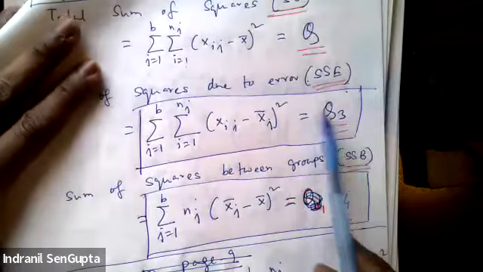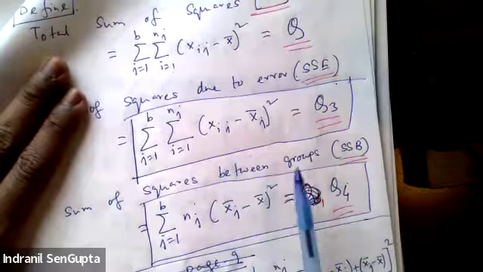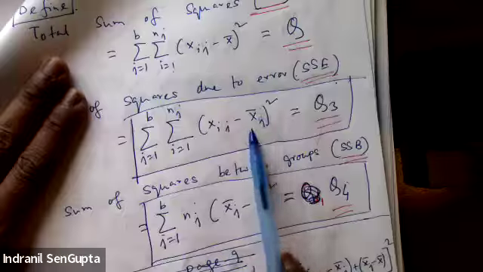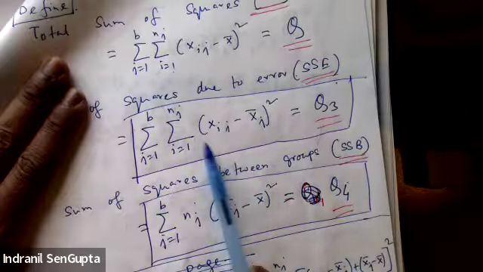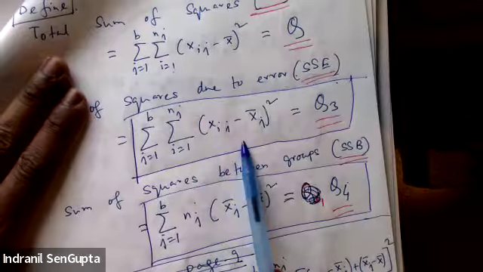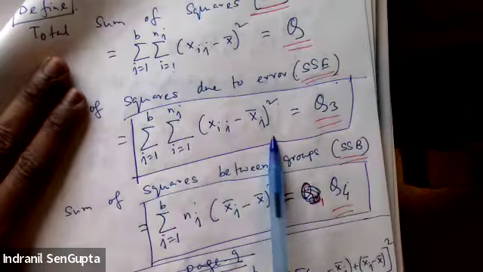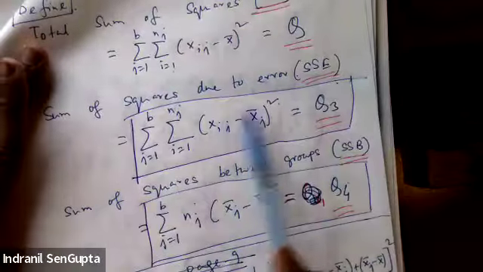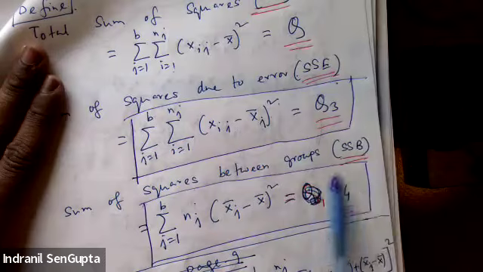Q3 is basically the difference between xi bar, meaning for a particular bucket, the mean and the elements for that corresponding one, and then you're taking all the sums. That is what we call the sum of squares due to the error. And then we also computed this Q4.